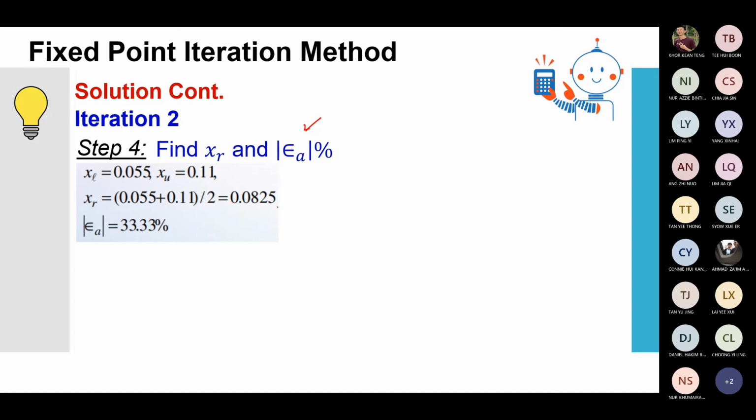0.0825. Okay, now what you need to do is determine your relative approximation error. How do you determine it? You take your present value, 0.0825, and your previous value. Remember just now, your previous value, guys?